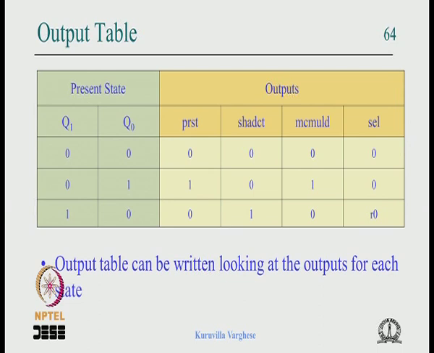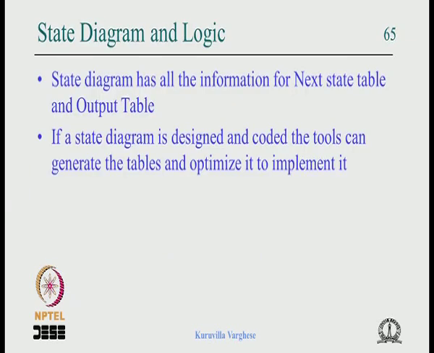Before going further, we will start with a case study. At least I will mention the scenario and do the design in the next class. Just now we have done the timing analysis of the state machine: the register to register path, the register to output path possibly extended to another register path, and hold time violation.